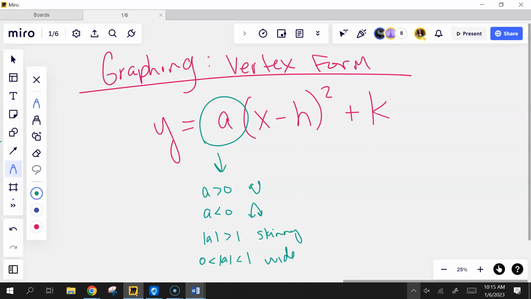And now I have this H and this K in here. So what do they do? If you remember transformations, if you add or subtract the H, that's your horizontal shift. That's your left and right. Your number on the end, what does it do to the graph? Do you remember?